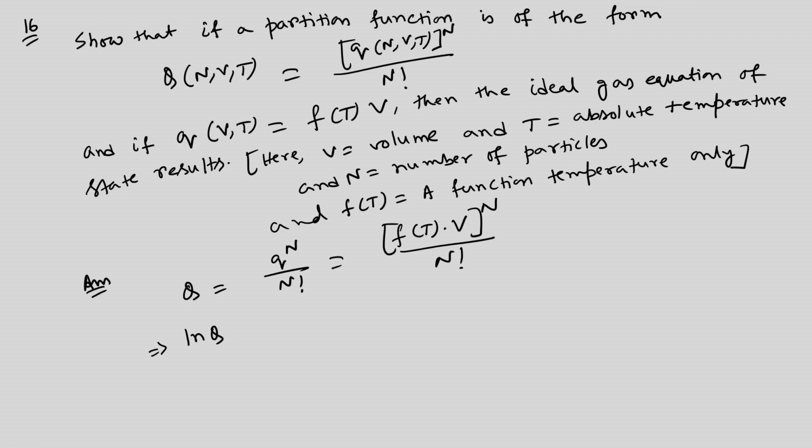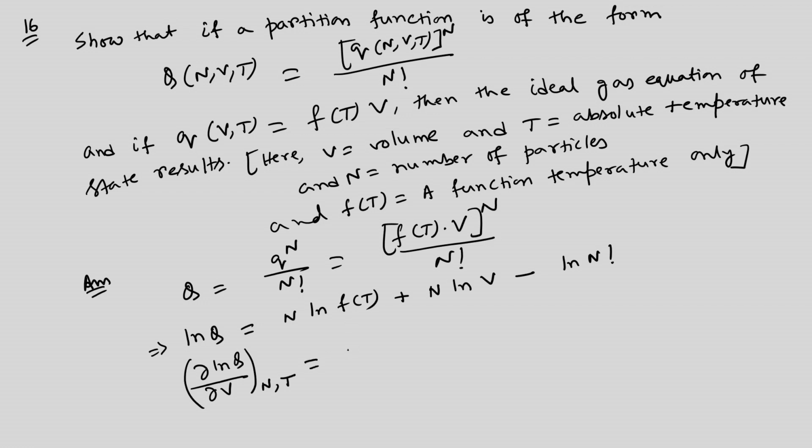As I said, we need to calculate the logarithm of Q. So ln Q is N ln f(T) plus N ln V minus ln N factorial. Now, del ln Q by del V at constant number of particles and temperature: the first term gives 0, the second term gives N by V, and the third term is again 0.